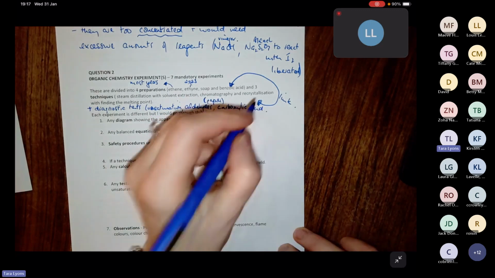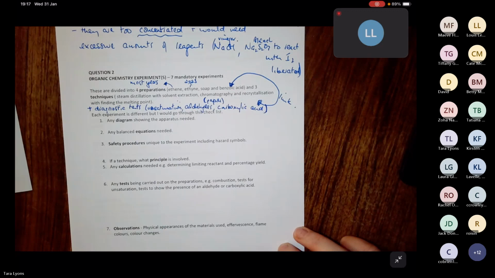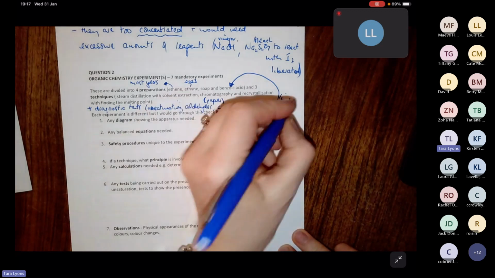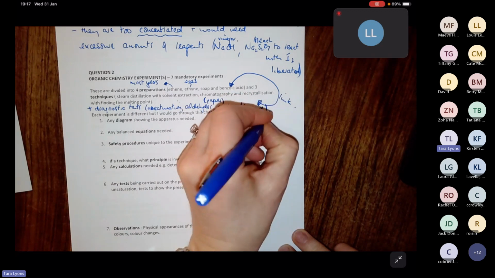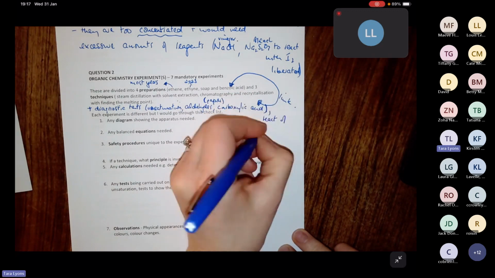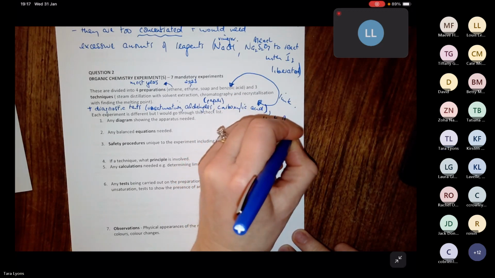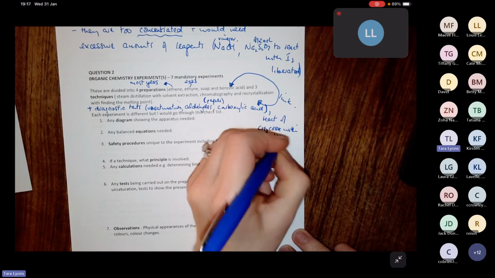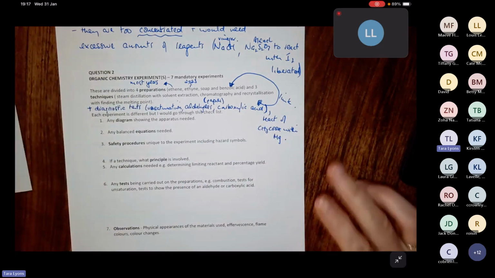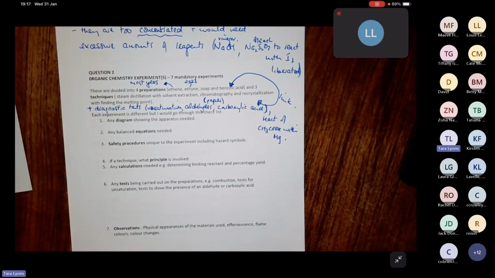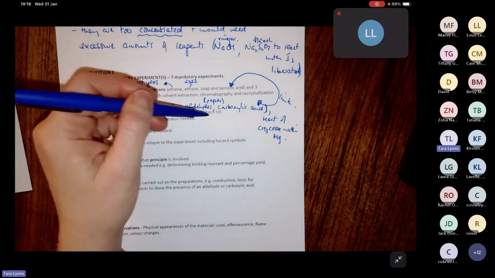So there are those diagnostic tests that also appear in question 2, as does your reaction of ethanoic acid, CH3COOH, with magnesium. So all of those little tests and that little reaction of ethanoic acid, CH3COOH with magnesium, also comes up in question 2. Now, each of your experiments is different, but I would go through this checklist.